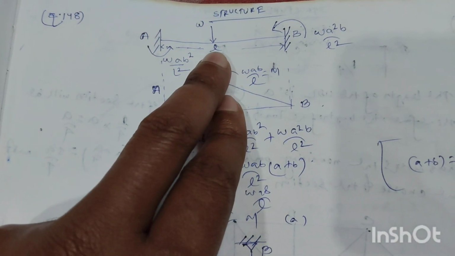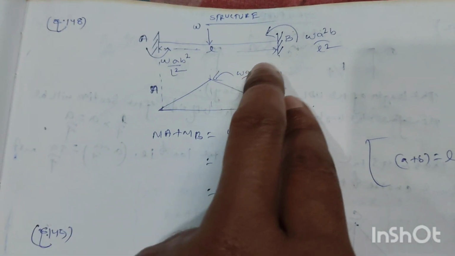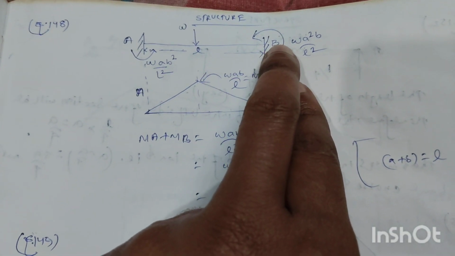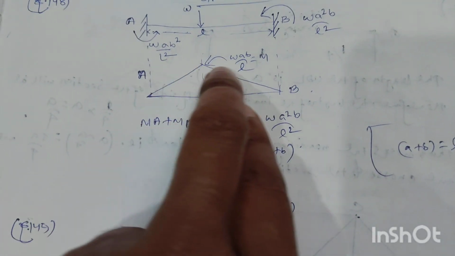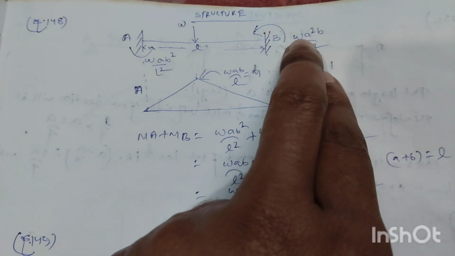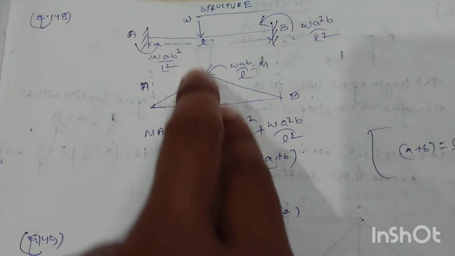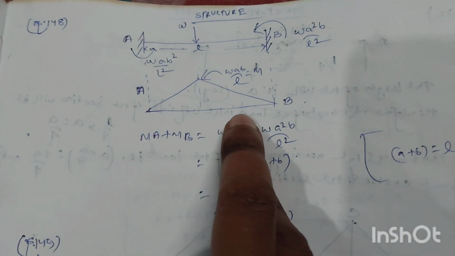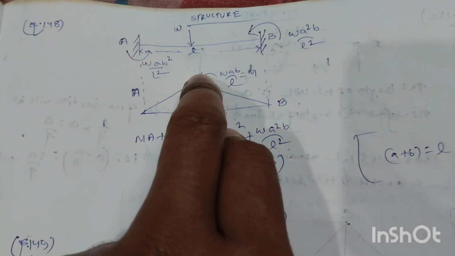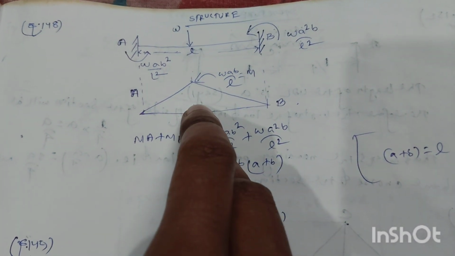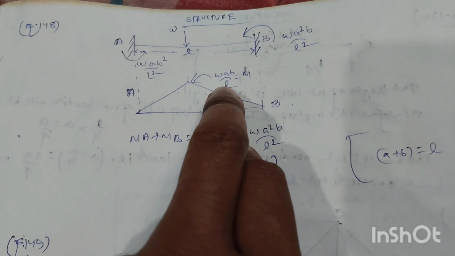Suppose this load is at a distance small a from the support A and at a distance b from the support B. Now the fixed end moment at A is equal to W a b square by L square, and the fixed end moment at support B is equal to W a square b by L square. And under this loading, the simply supported or free bending moment at this point will be W a b by L, and that is equal to M as given in the question.